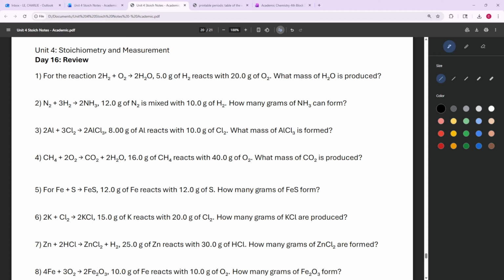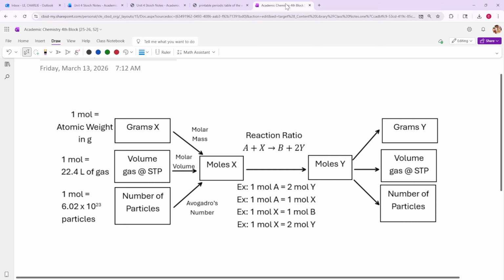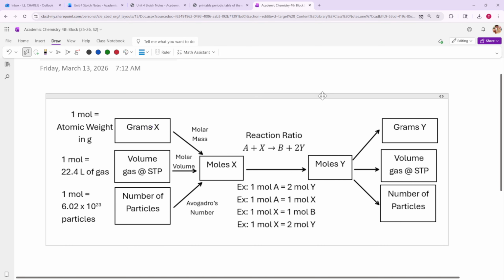To convert from grams to grams, you first have to take a look at the mole map, right? So the mole map says if we have grams of one chemical and we're converting to grams of another chemical, we first start with grams, then we convert to moles using the molar mass of the first chemical, then we use the reaction ratio to convert to moles of the second chemical, and then back to grams using the atomic weight of the second chemical.